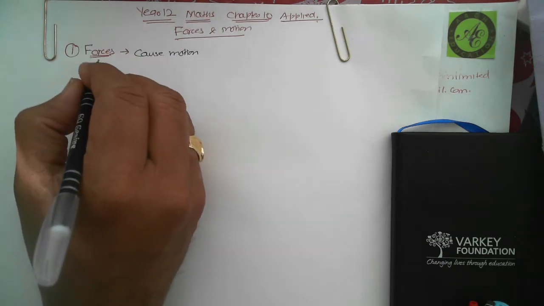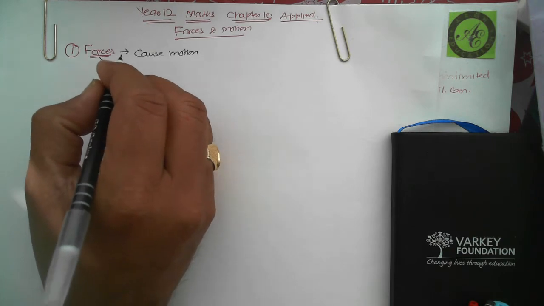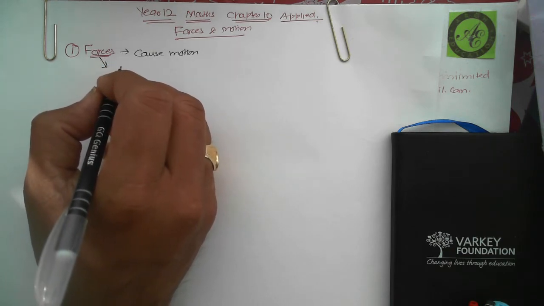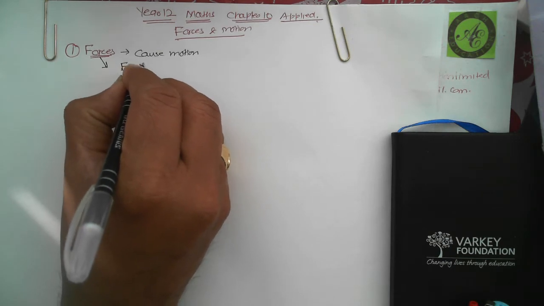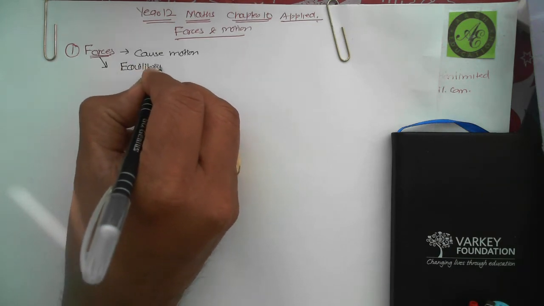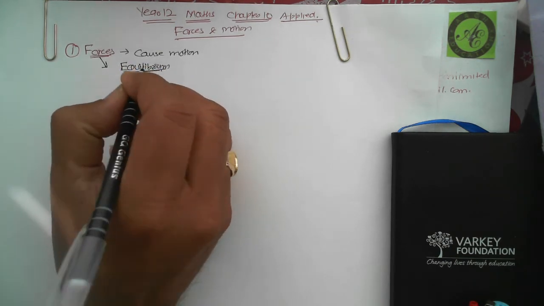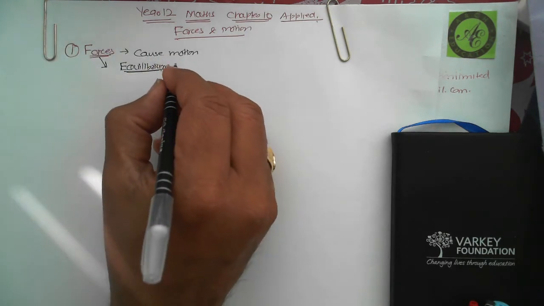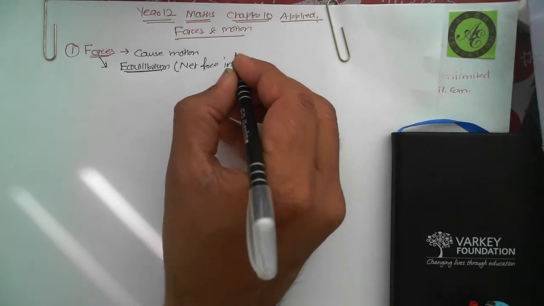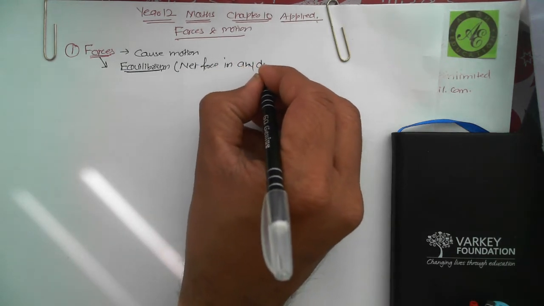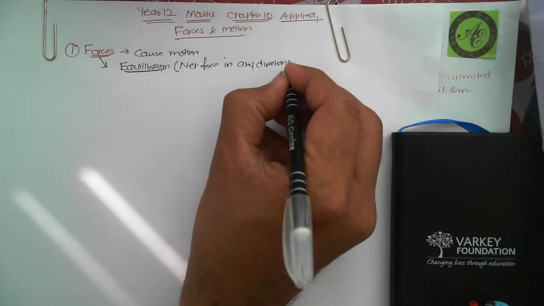And what happens, guys, if two forces are acting in opposite direction and they're equal, then you result into a situation which is equilibrium. What does that mean? The net force in any direction is zero.